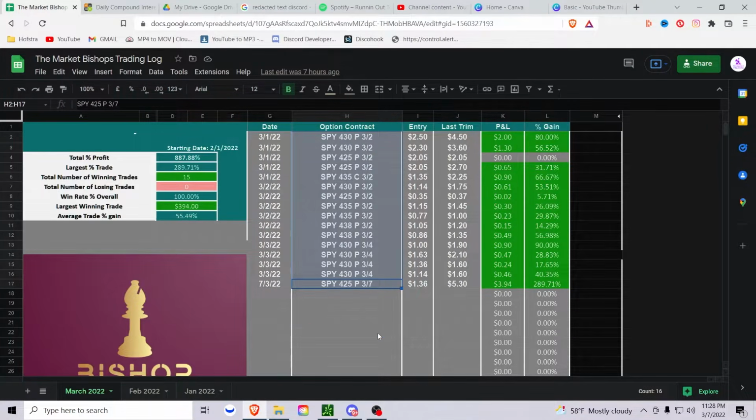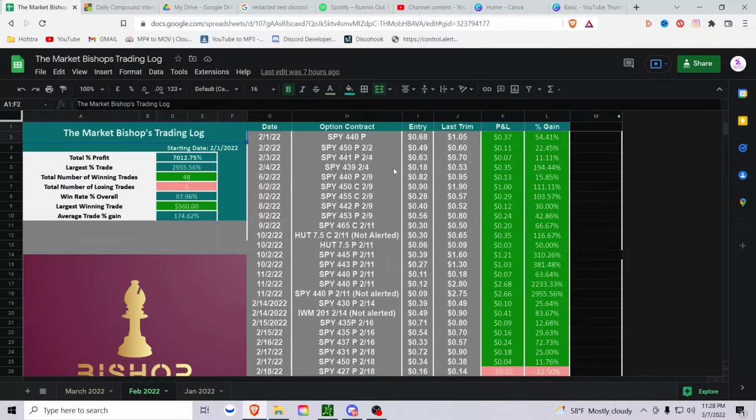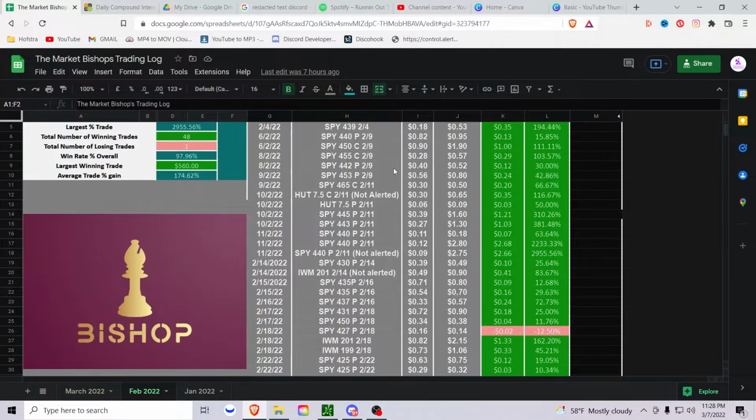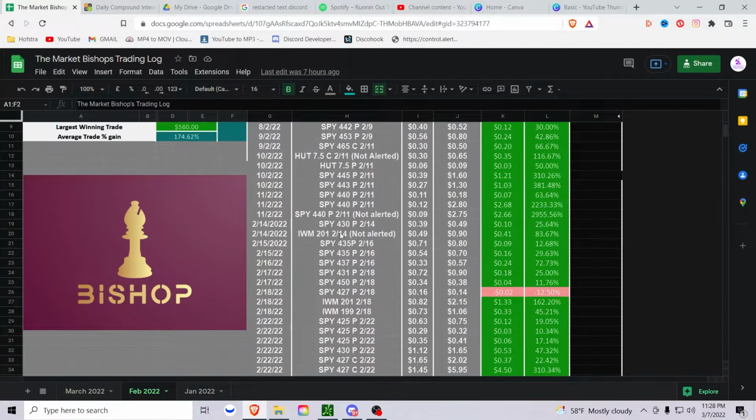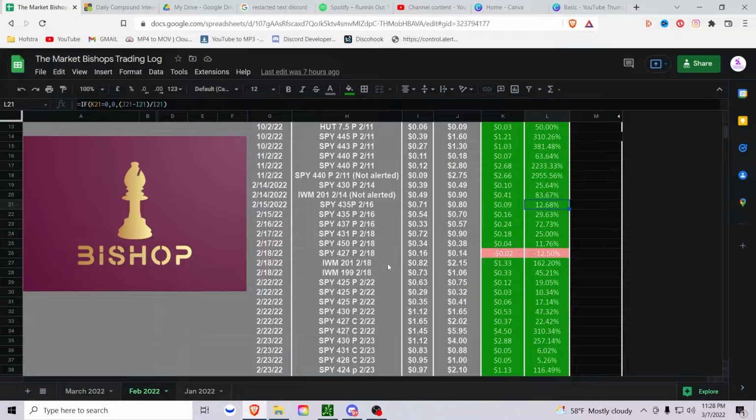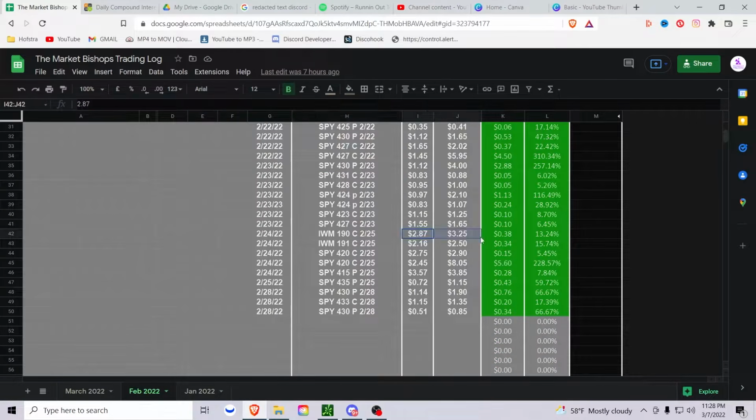We had a few 438s, but in February I did trade IWM. It was a huge trade. Yeah, right here. I didn't alert this, but it was an 83% trade. Then we had these two alerts that went for a pretty good amount, 162%, 45%. And then these two trades that went for just 13%, 15%.